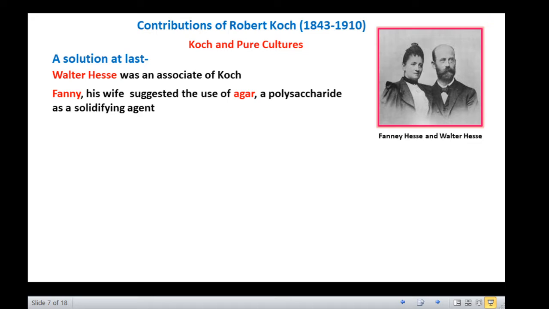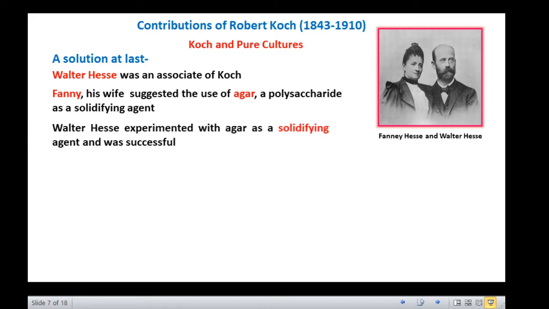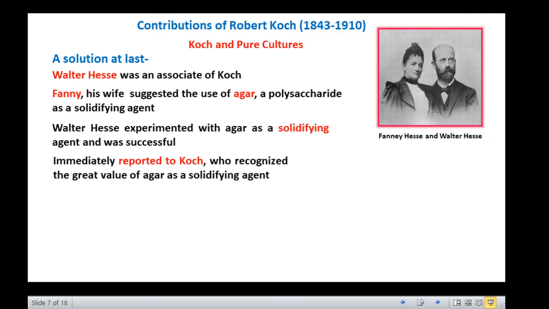Walter Hess experimented with agar as a solidifying agent and he was successful. He immediately reported to Koch, who recognized the great value of agar as a solidifying agent in microbiological media and started using it regularly in his work and even communicated about it to the scientific world.